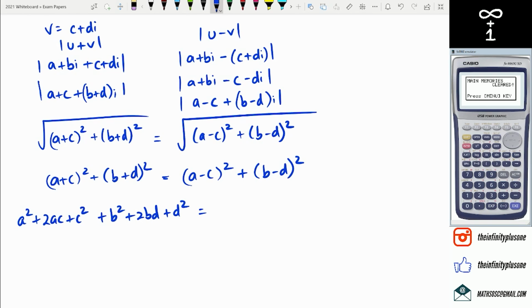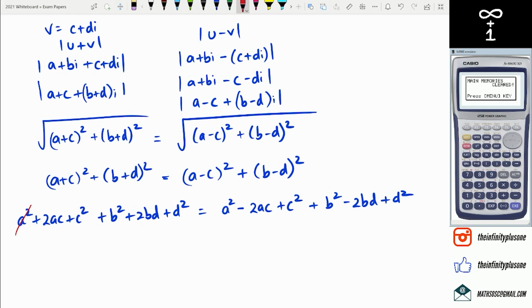And then on the right hand side, I've got a squared minus 2ac plus c squared plus b squared minus 2bd plus d squared. Hoping you're with me so far. Then we need to get rid of all the things that we don't really want to deal with.